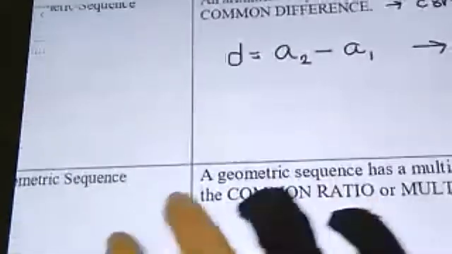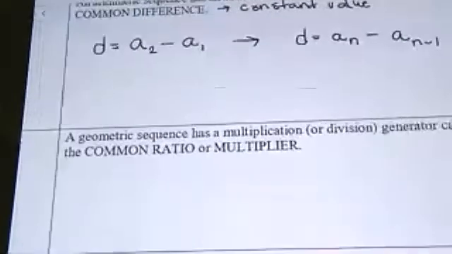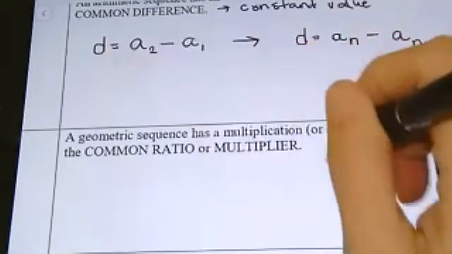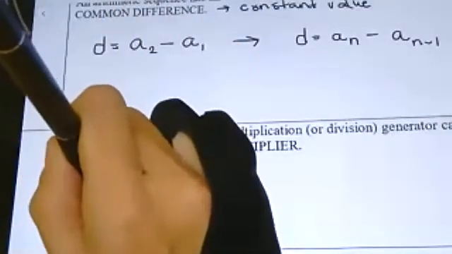Okay, our second type of sequence is called a geometric sequence. And a geometric sequence has a multiplication or division, because they kind of are the same thing, generator that is called a common ratio or a multiplier. The most common thing to call it is a common ratio. So we usually use R for the common ratio.